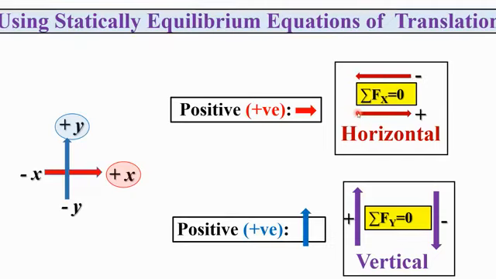This is the same as external force: all forces towards right will be plus, all forces towards left will be minus, then the total summation will be 0. This is plus direction, this is minus direction. Similarly, if we take summation Fy is equal to 0, upward will be positive, downward negative. Summation of all forces will be 0.